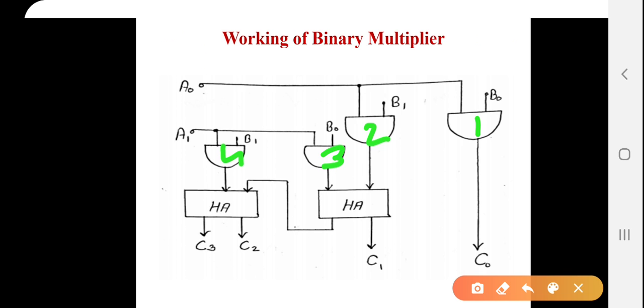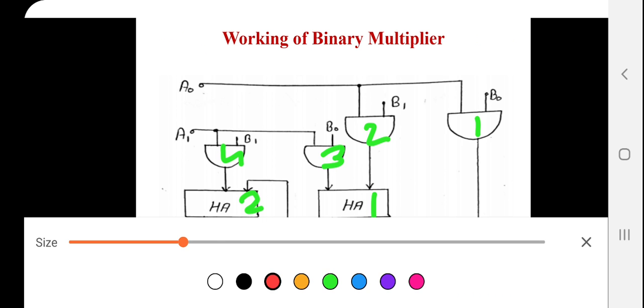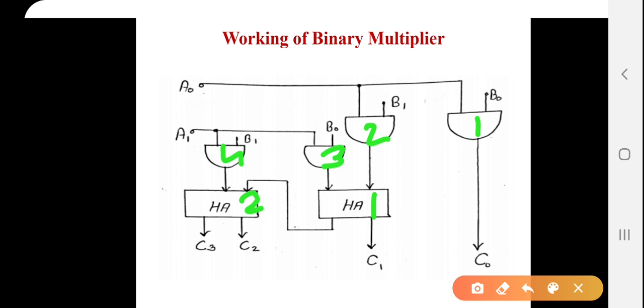and also in the circuit a half adder is given. Let this be half adder number 1 and this be half adder number 2. Also, let me take the input values which we want to multiply. Let B0, B1 be 1, 1 and A0, A1 be 0, 1.